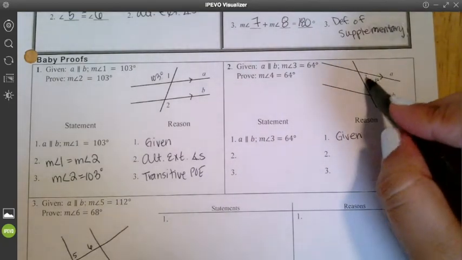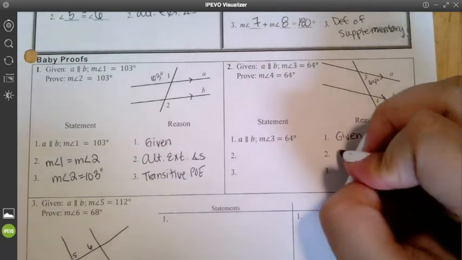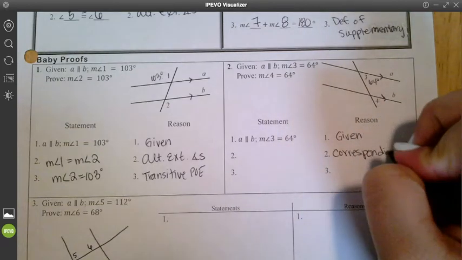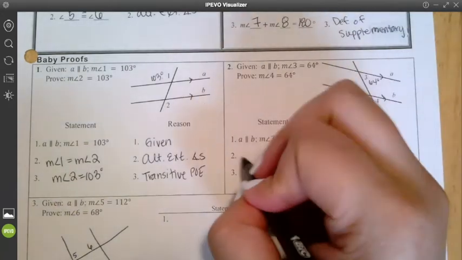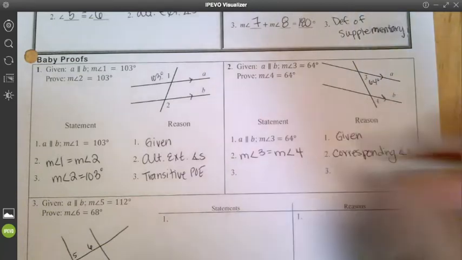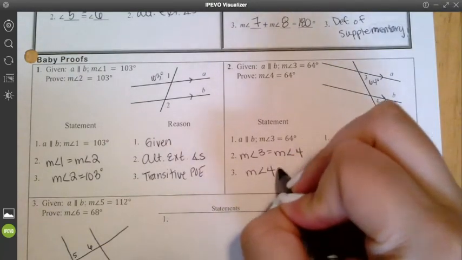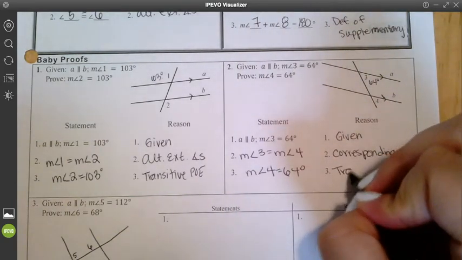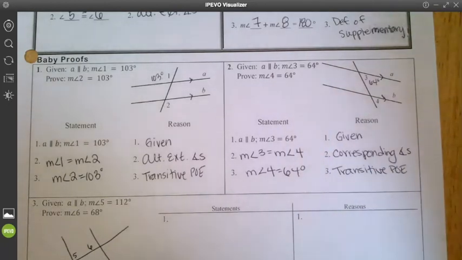So the comparison for angles 3 and 4 is that they are corresponding angles, which means that those two are congruent. So we say the measure of angle 3 equals the measure of angle 4, and therefore the measure of angle 4 equals 64 degrees by the transitive property of equality.